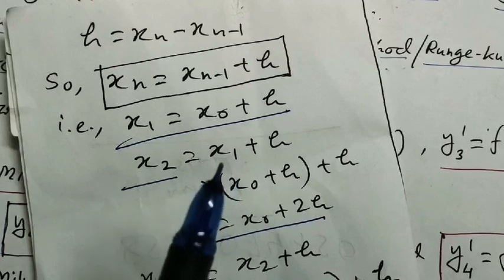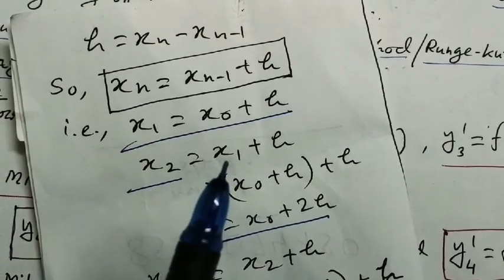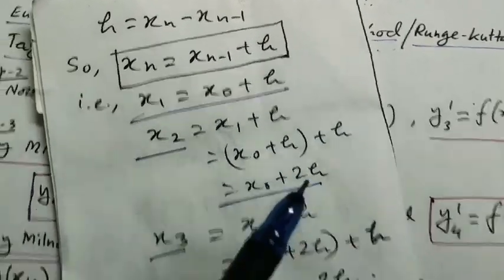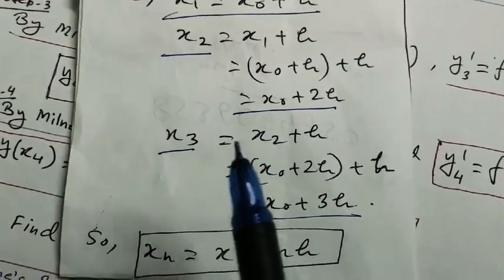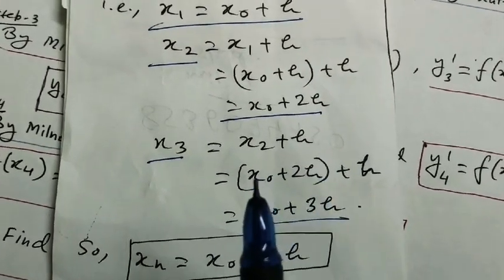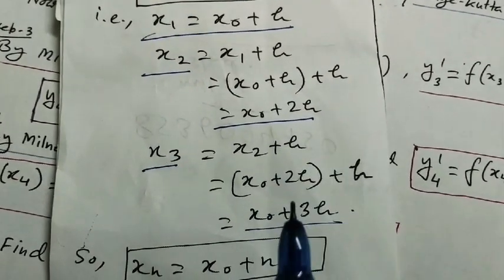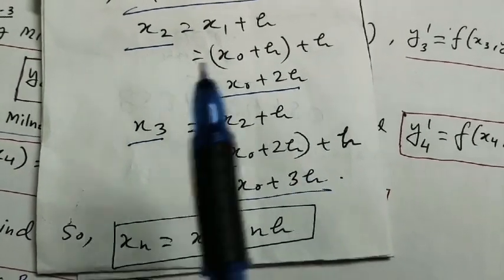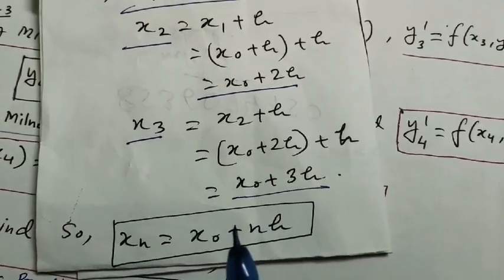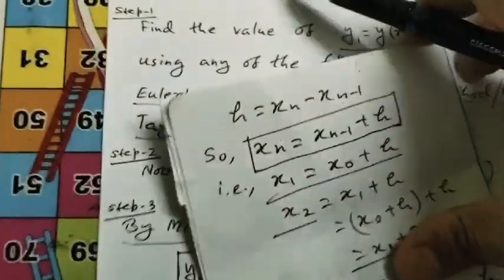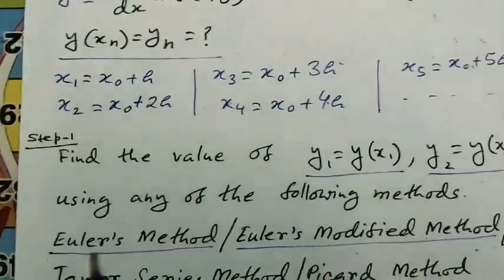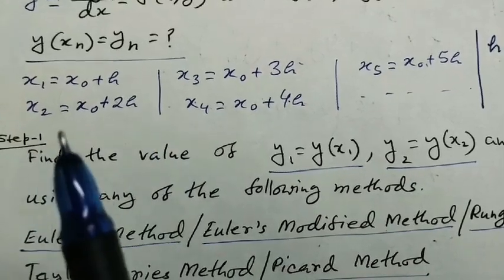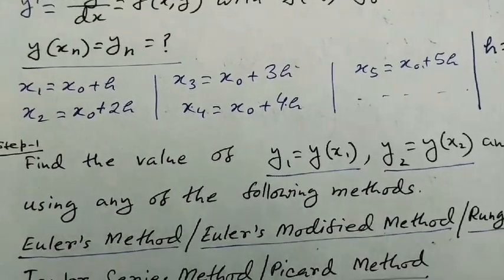Then x2 becomes x1 plus h, that is x0 plus 2h. Again, x3 is x2 plus h, that is x0 plus 2h plus h, so x0 plus 3h. In this way, we get xn equals x0 plus nh. So x1 equals x0 plus h, x2 equals x0 plus 2h, and so on.